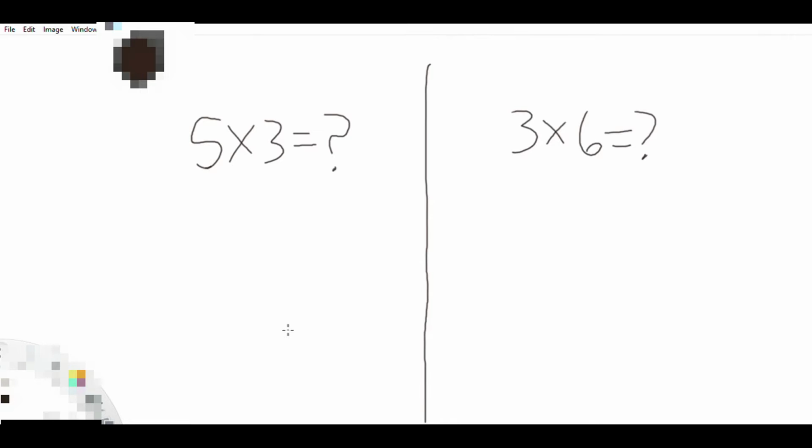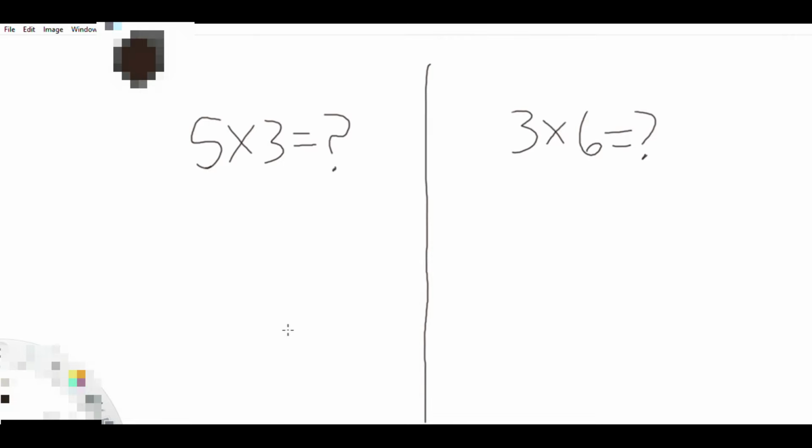So in third grade you learn multiplication facts, for example 2 times 5, which is 10. Why is 2 times 5 equal to 10?